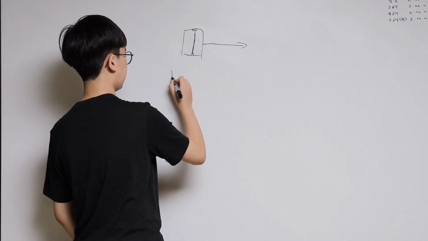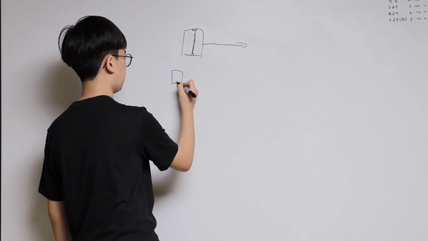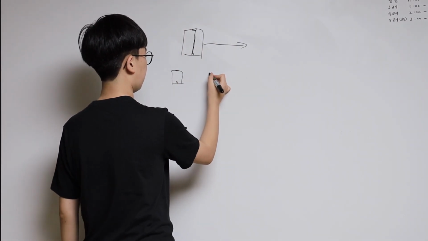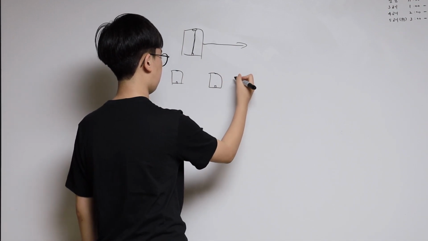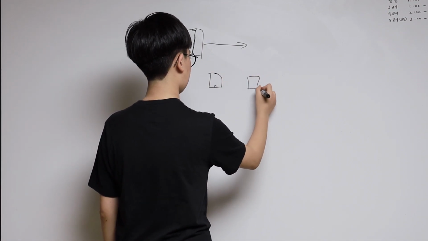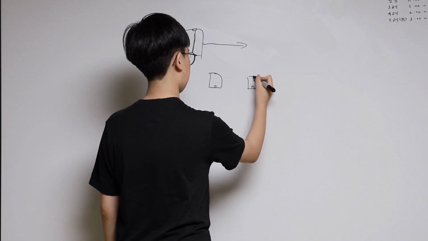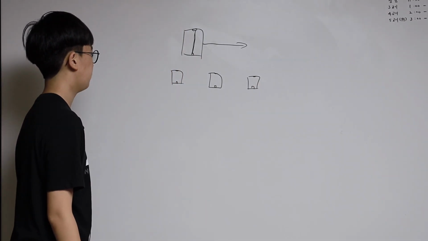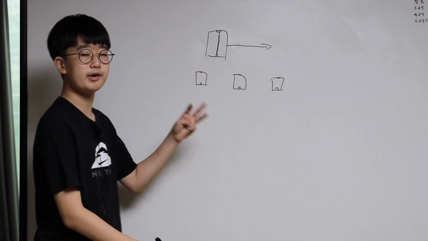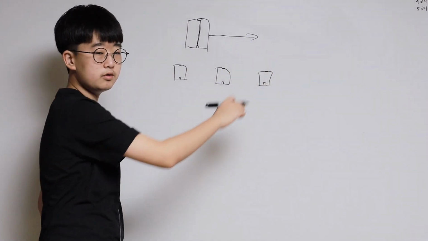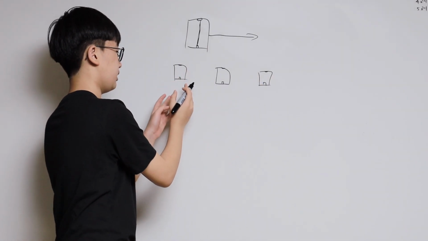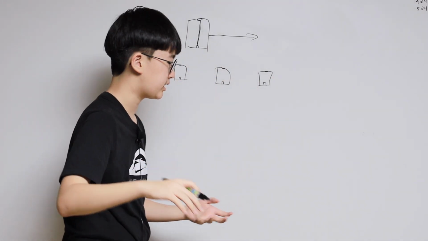So when it moves, here's one box, another box, and another box. Well, what I've drawn here isn't three boxes. They're supposed to be the same. This thing is moving, and these are different time states.